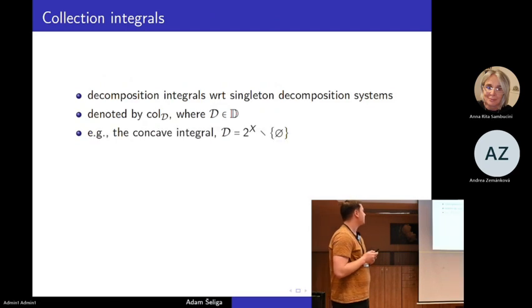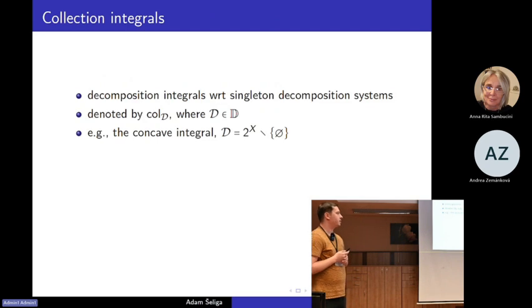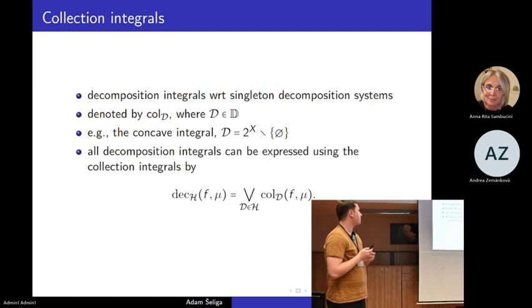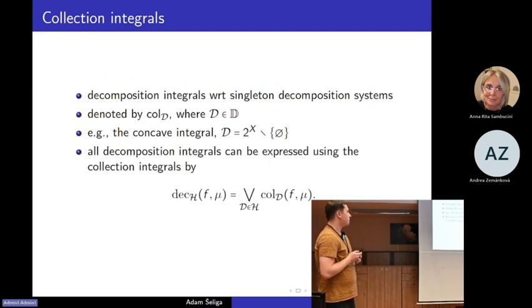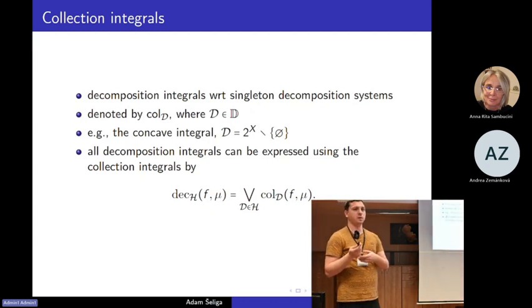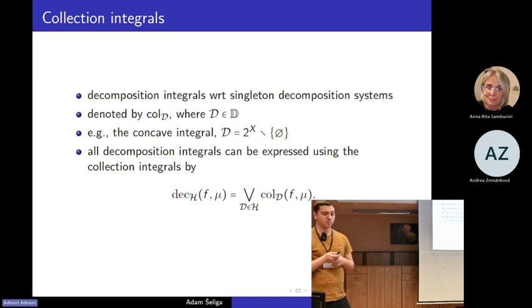An example of a collection integral is the concave integral, which is with respect to the maximal collection. An interesting fact is that all decomposition integrals can be expressed using collection integrals, which is the main idea that leads to minimax decomposition integrals, as you will see in a second. The decomposition integral is just the suprema of collection integrals with respect to the collections contained in the decomposition system.